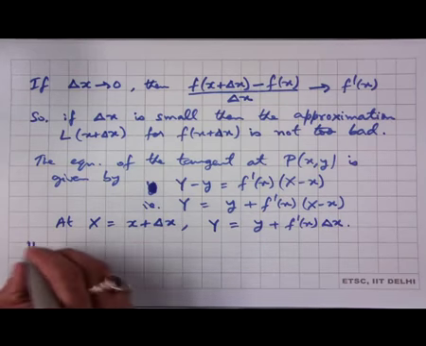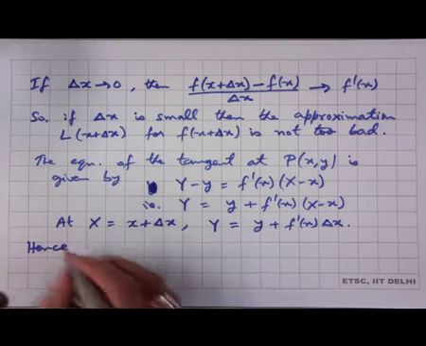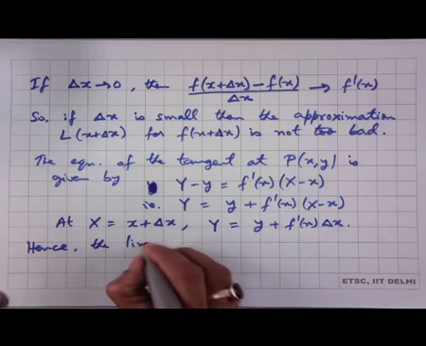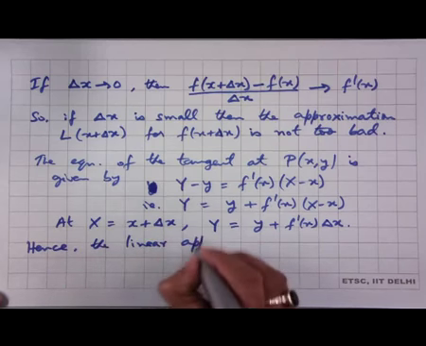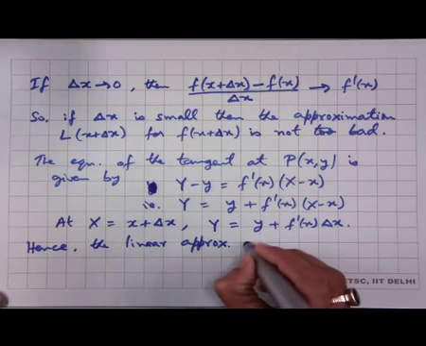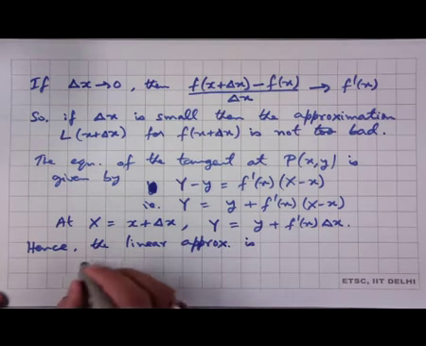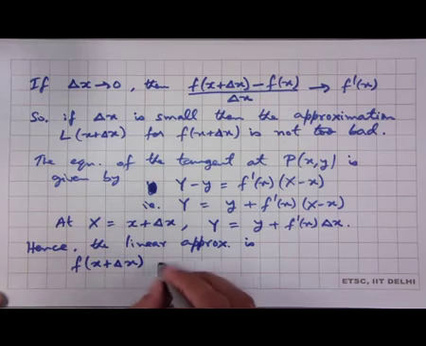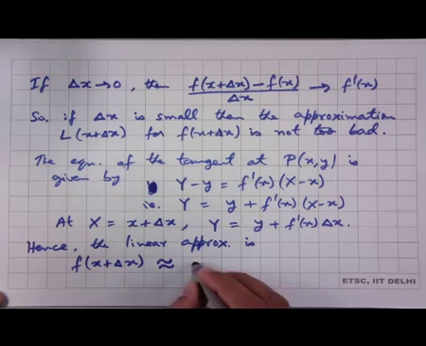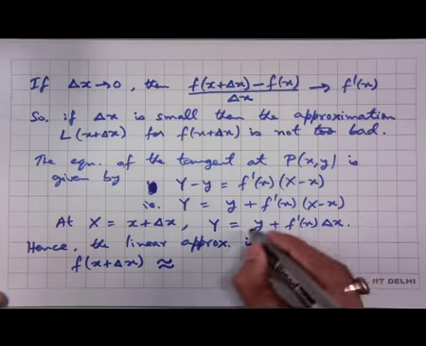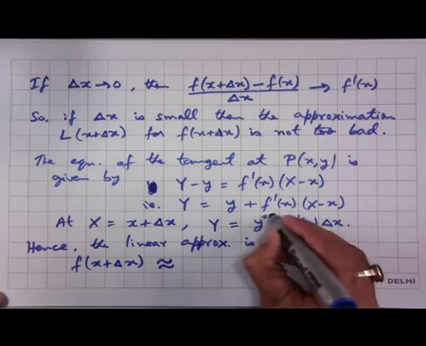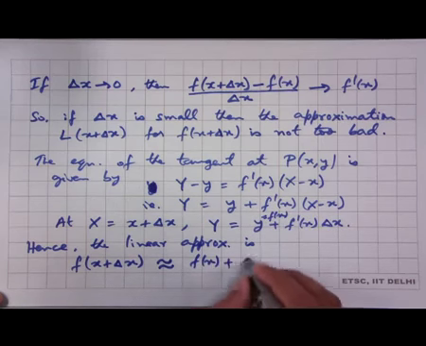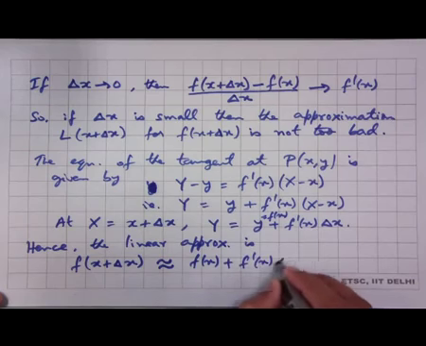So, hence the linear approximation is, what we are doing is f of x plus delta x is being approximated by y, which is nothing but f of x plus f prime x times delta x.